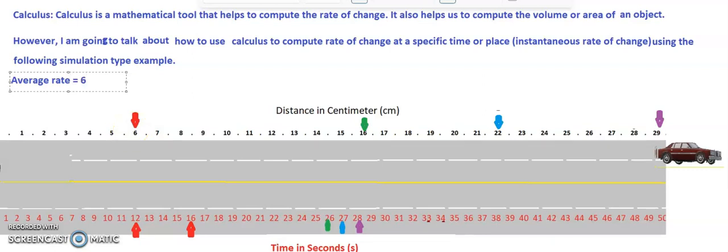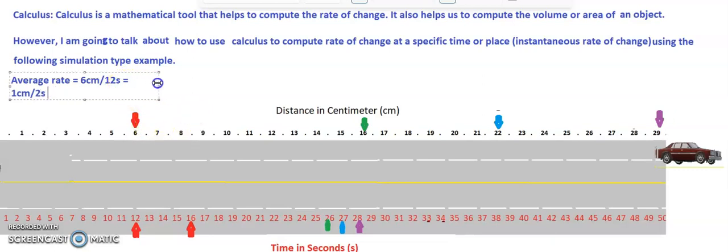So 6 centimeter is driven in 12 seconds, right? So this is the same as 1 centimeter divided by 2 seconds, which is 0.5. That's the average rate.